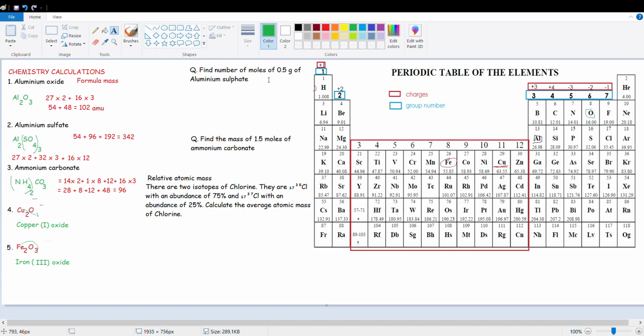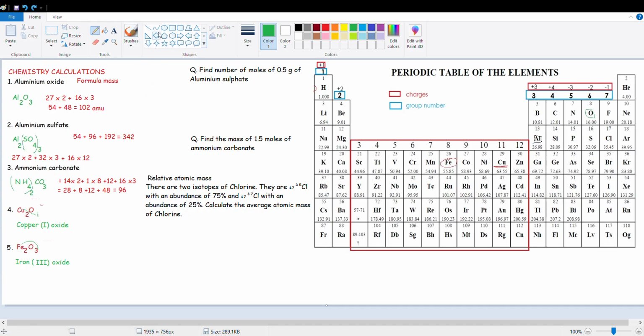Find the number of moles of 0.5 gram of aluminium sulfate. So you remember the formula I gave you guys as the triangle one, which is very easy. I write it here. So it is mass, we have number of moles, and we have Mr. All right, if I want to find the number of moles, make it bigger so it's more clear for you.